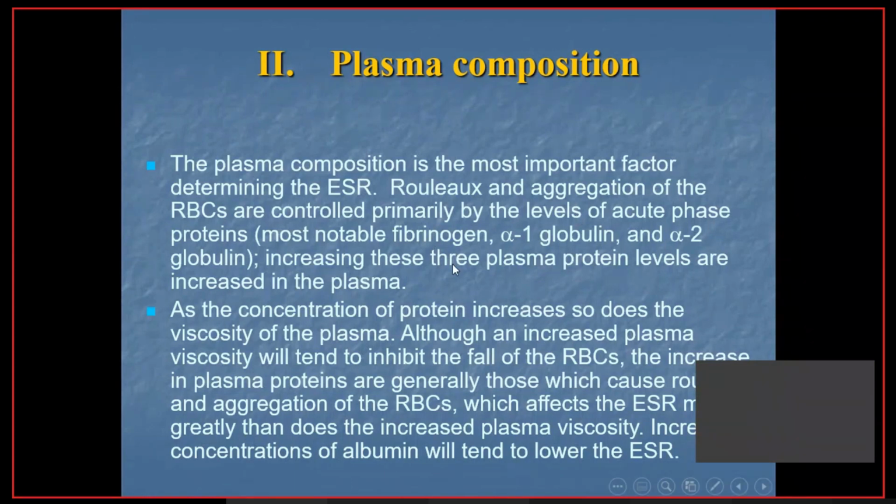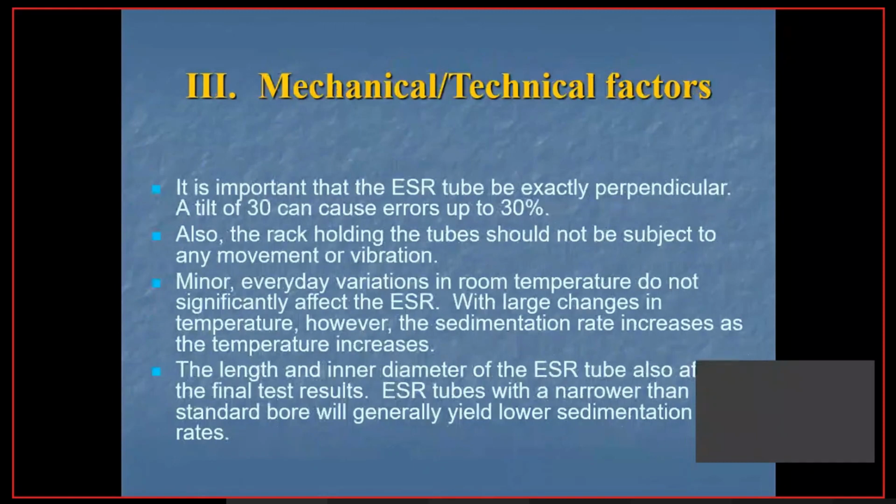So the increase in fibrinogen and globulin molecules can always decrease the erythrocyte sedimentation rate, because they directly inhibit the fall of the red blood cells. So that's why you can see low levels of erythrocyte sedimentation.